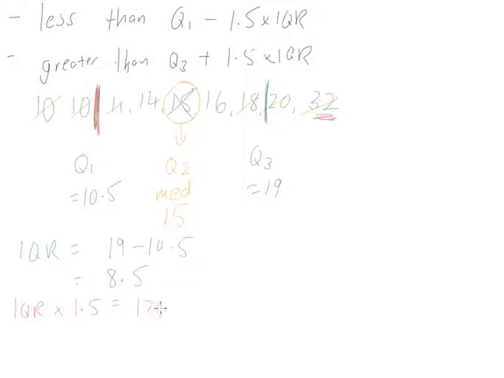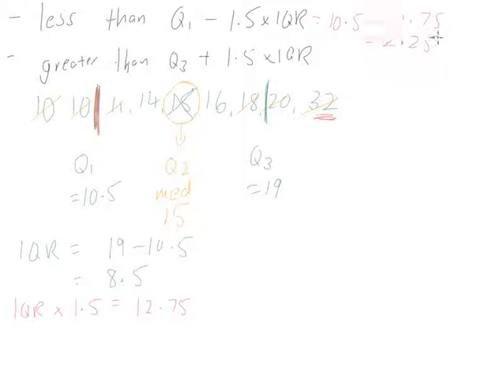If you don't believe me, put 8.5 into your calculator. 8.5 multiplied by 1.5 should be, I believe, 12.75. So Q1 minus 1.5 times the interquartile range is Q1, which was 10.5, minus 12.75, and I believe that is minus 2.25.